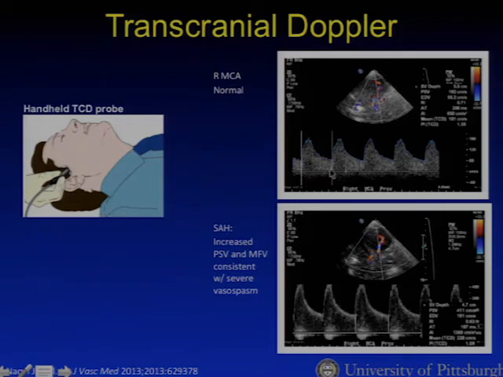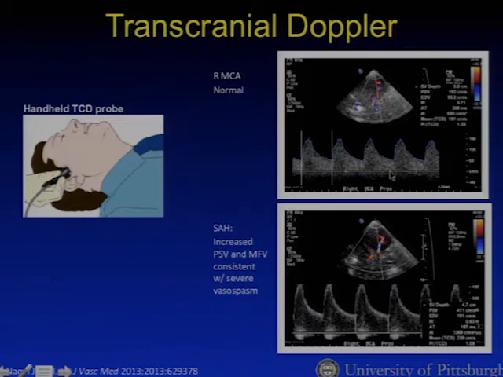And what we're doing here is insonating one of the major intracranial arteries, so in this position, the middle cerebral artery, through a relatively thin temporal bone window. It's non-invasive, it's portable, but it's highly operator dependent, and even skilled people have inadequate windows in 10 or 20% of patients. It's very useful for monitoring for cerebral vasospasm as a complication of subarachnoid hemorrhage. And that's the example that we have depicted here.